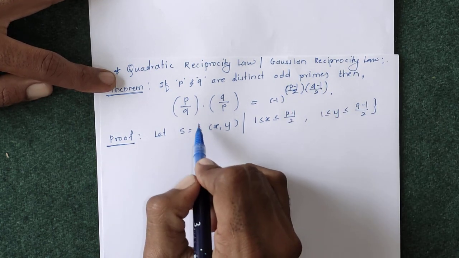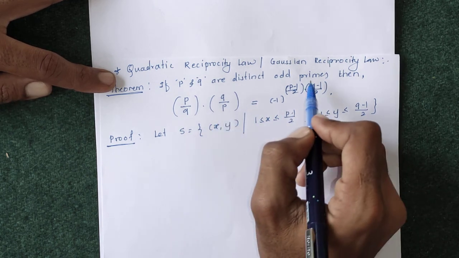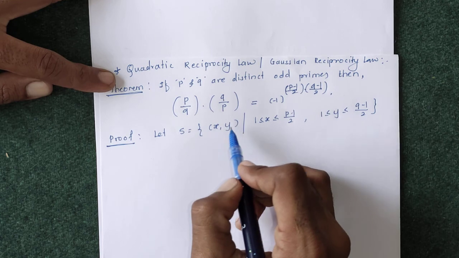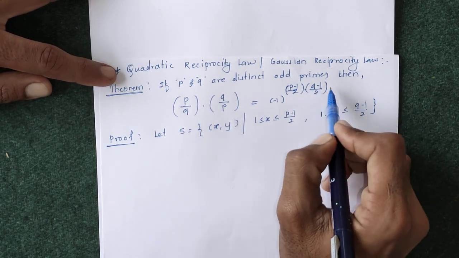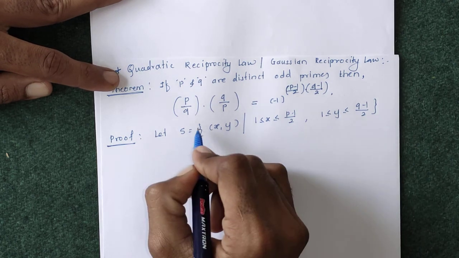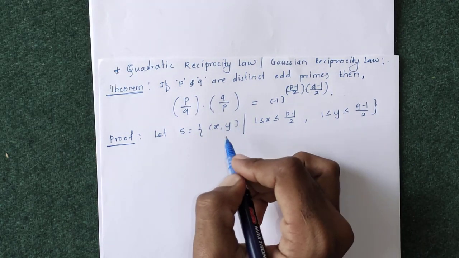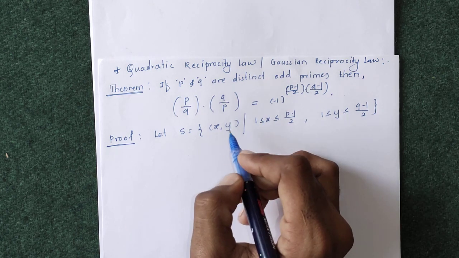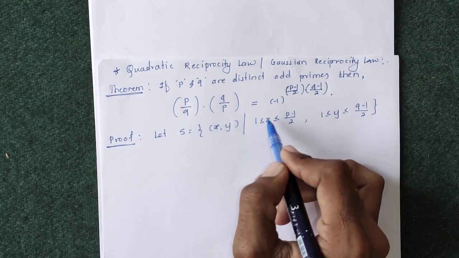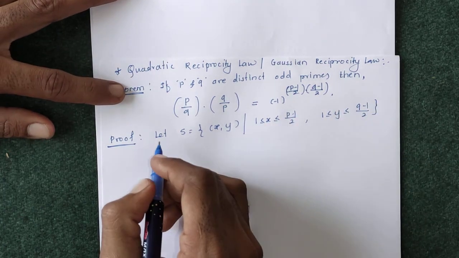So we have considered the set of ordered pairs (x, y) in which x varies from 1 to (p minus 1)/2 and y varies from 1 to (q minus 1)/2. The total number of elements in this set is just the multiplication of the maximum value of x into the maximum value of y.